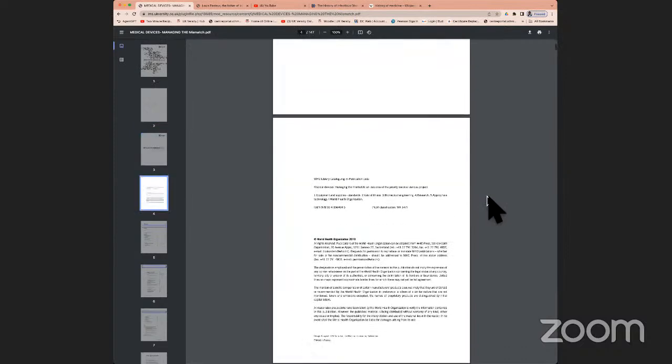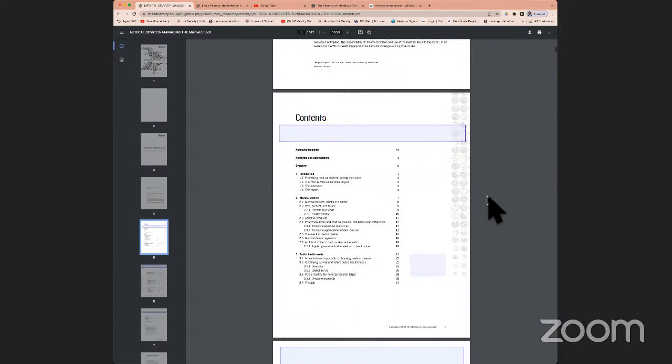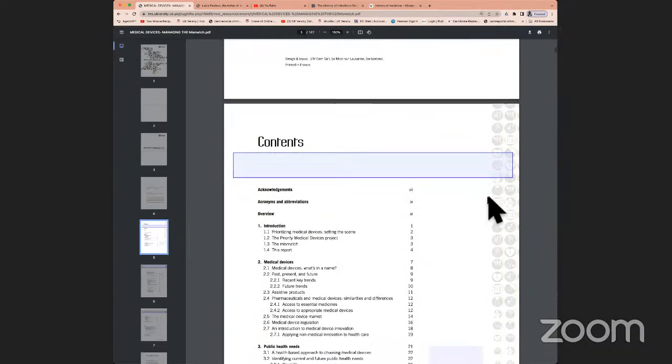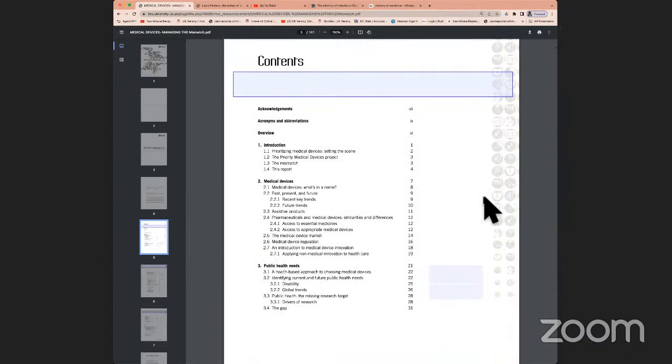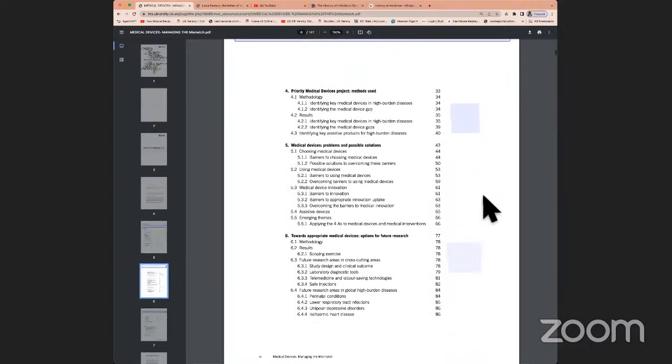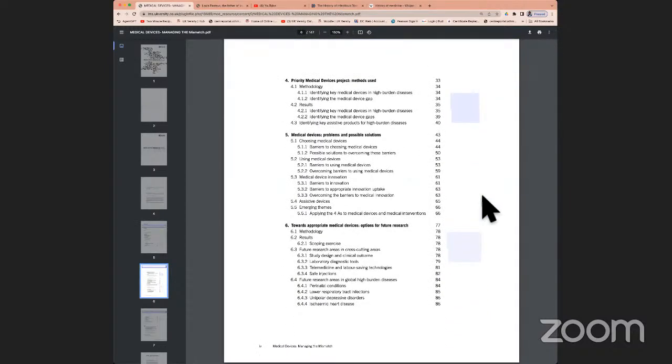When you open this report up, you will see it is a 150-page report, but it helps us understand what medical devices are, how they've been invented, what the key inventions are, and how they are used today in advanced medicine to help in diagnosing, treating, and preventing diseases within humans.